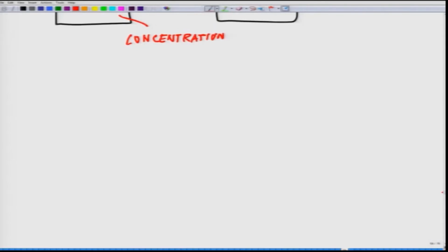These kinds of cells are called concentration cells. So today we are going to talk about concentration cells. What are concentration cells?